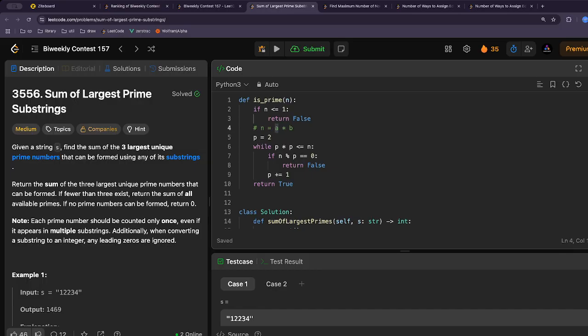And so if one of them is greater than the square root of n, then the other one has to be smaller than the square root of n.